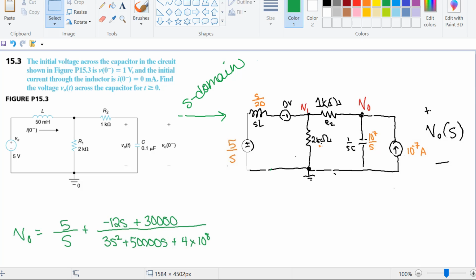You have an option with both inductors and capacitors to do a series connection with a voltage source or a parallel connection with a current source. And I tend to like things in series.